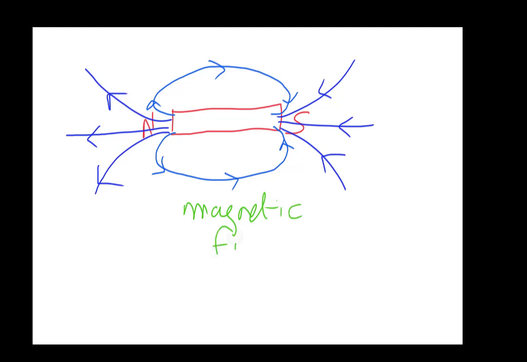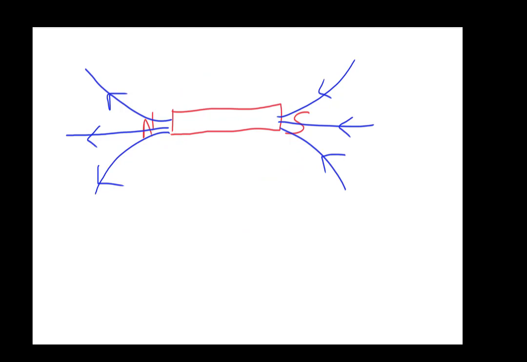Now we're going to take an analogy here and describe how electric fields work. So these are magnetic fields. Now let's talk about electric fields. Similar to the North and South Pole in magnetic fields, you have a positive charge, and then you have an electron, which is a negative charge. You have fields that go back and forth between the two.